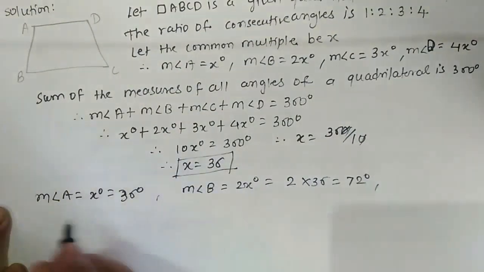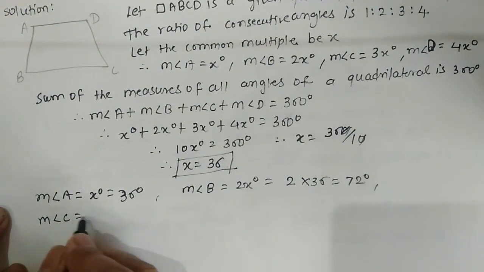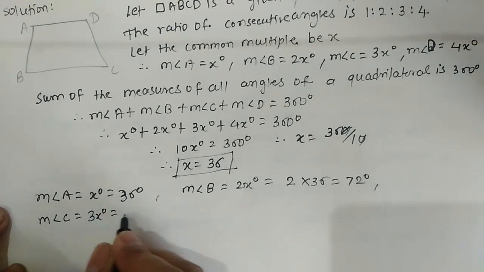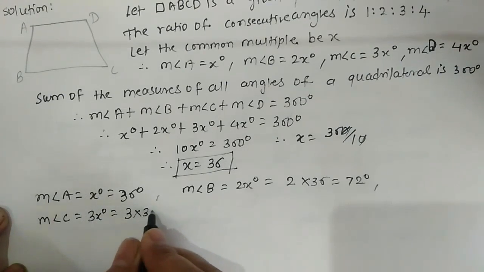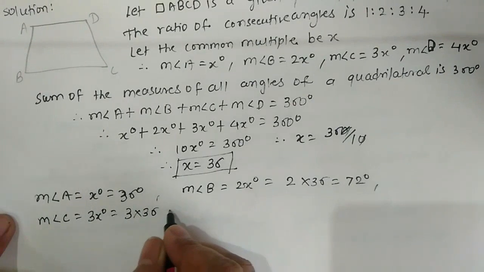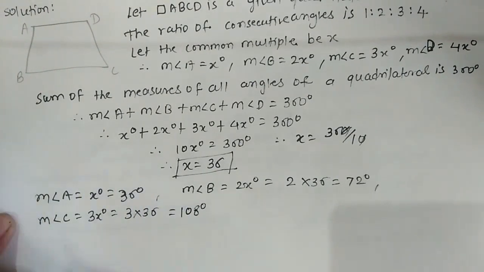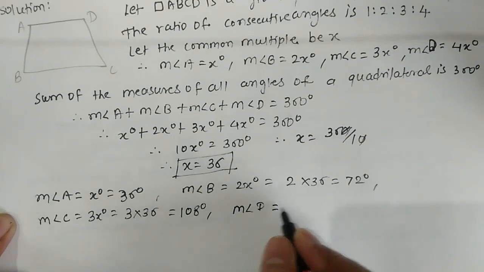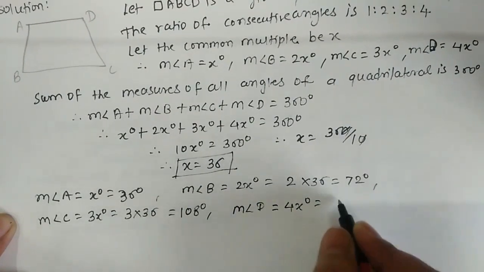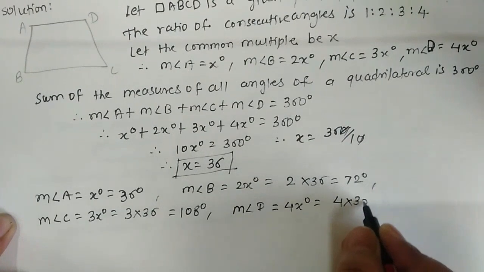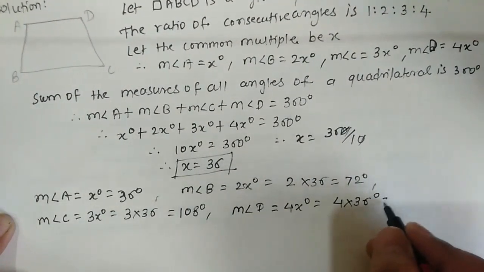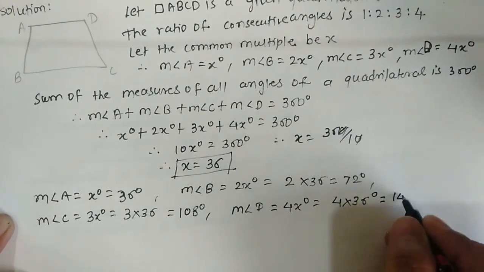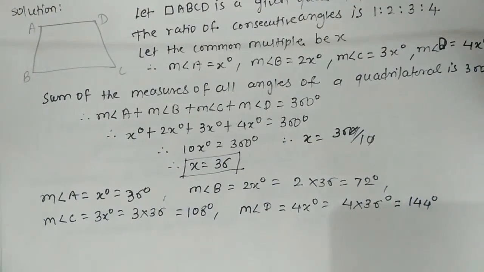Now see, the third angle, measurement of angle C, is 3x degrees, meaning 3 multiplied by 36 is equal to 108 degrees, and the measure of the fourth angle D is equal to 4x degrees, equal to 4 multiplied by 36 degrees, which is 144 degrees.